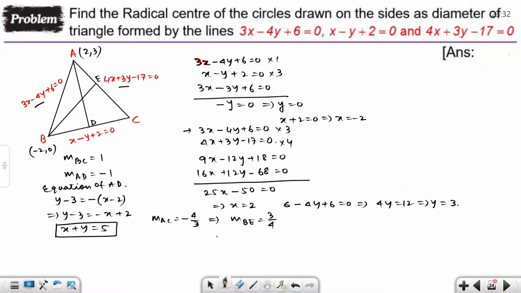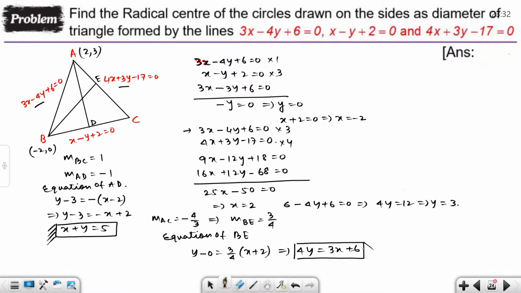Therefore, the equation of BE, the other altitude, is y minus y1 equals m into x minus x1, point slope form again. Right? So this is another equation that we got: 4y equals 3x plus 6. So these two equations are the two equations of the altitudes of the triangle ABC.